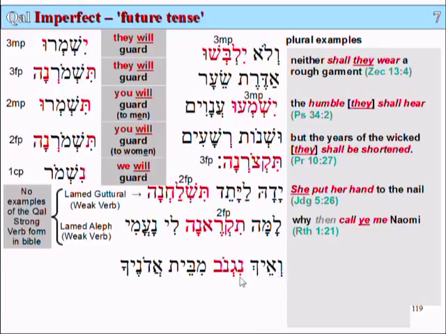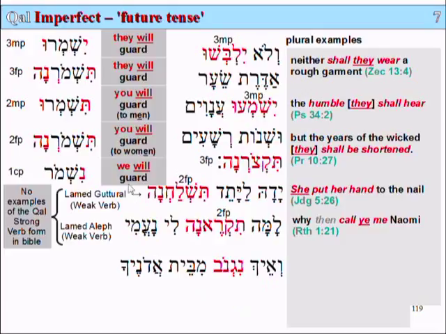V'ech nignov m'beit adonecha. V means and, v'ech, and how. Nignov means steal, and it's this form here obviously.